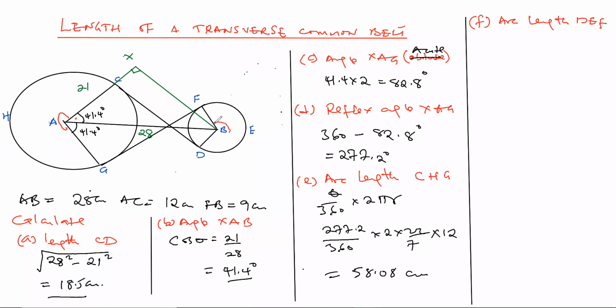As usual, arc length is theta over 360 times 2 pi r. The radius, I know it is, was it 9? This angle is our problem. Just like the other question, there should be some relationship. Let me ask Hafsa. Hafsa Sharif, what do you think this angle is?